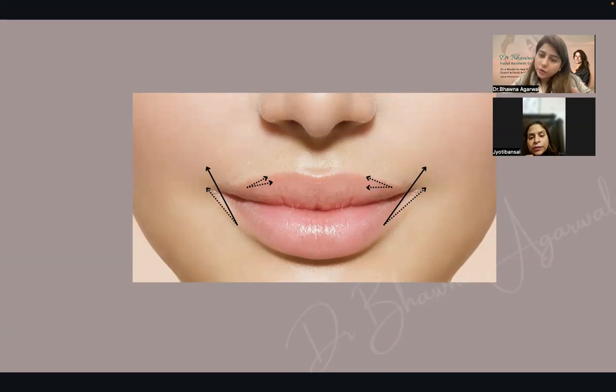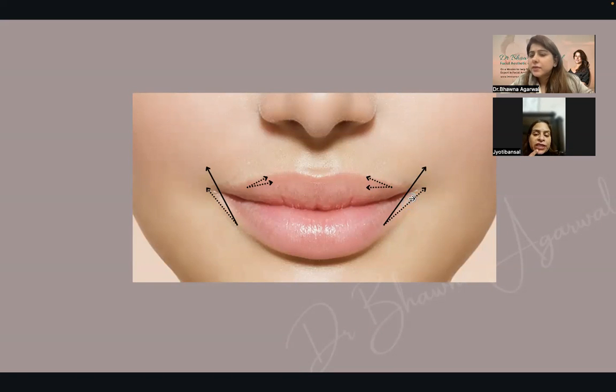Now there will be 2 scenarios: downturn with the lip filler, and downturn with the marionette line. So then you need to adjust accordingly. If we are doing marionette also here, then this is the triangle that we fill to give even more support. How do we fill this triangle?